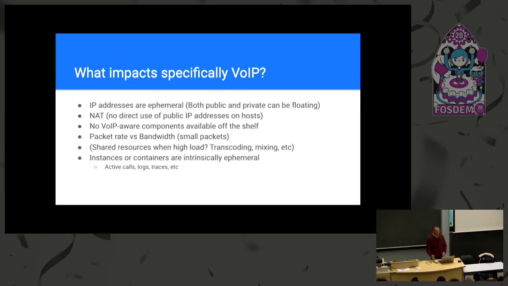This doesn't work well in general with signaling, and typically you only get a one-to-one NATing between your machines and a public interface, and you don't have a direct visibility of your public IP addresses.